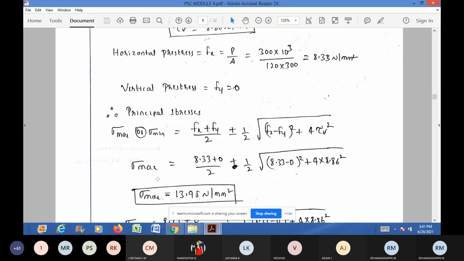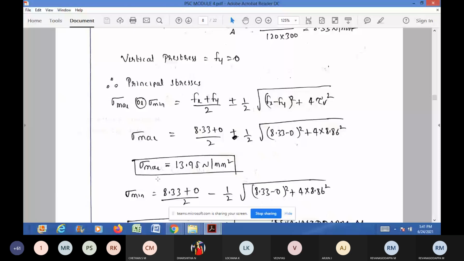Yes, right answer, 13.95. Sigma minimum? Minus 5.62, sir. Yes, correct. Minus 5.62 Newton per mm square. Right answer.